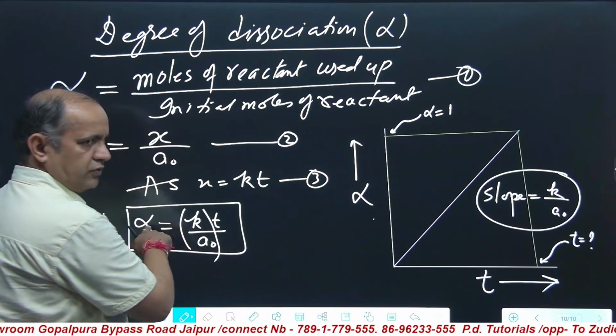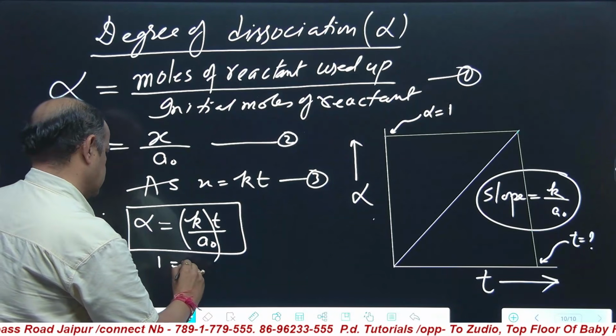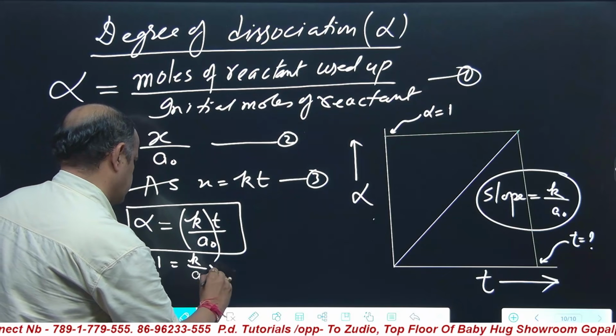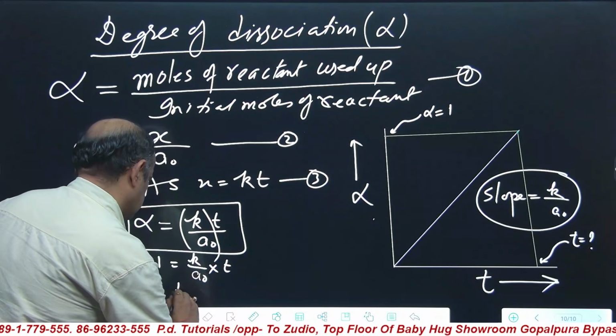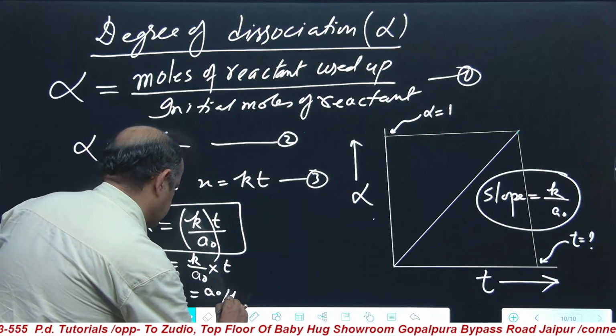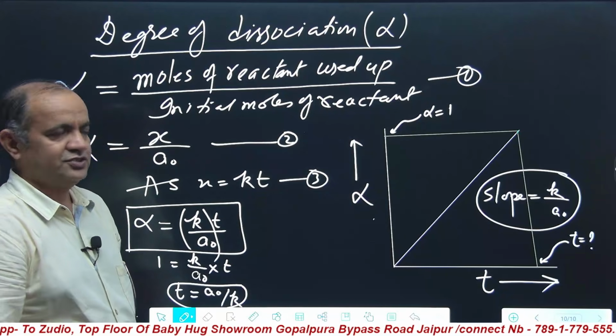If alpha equal to 1, take 1 is equal to k a naught into t, t equals to a naught by k. This is the lifetime.